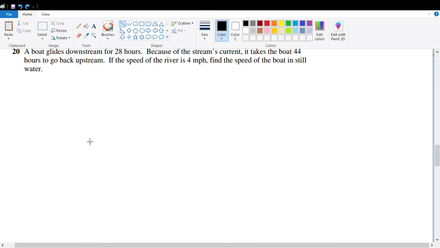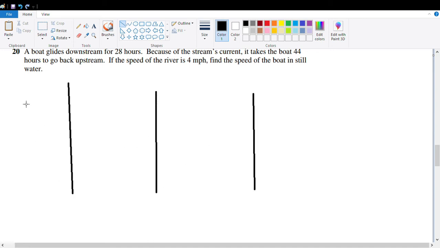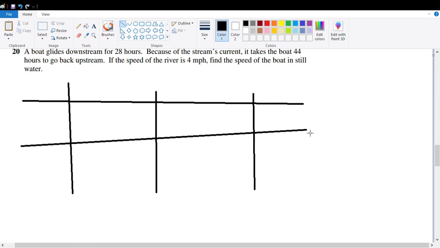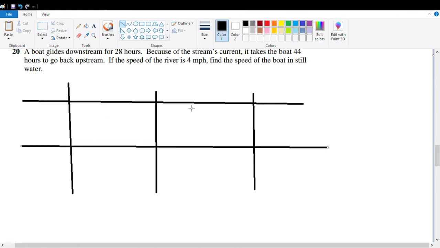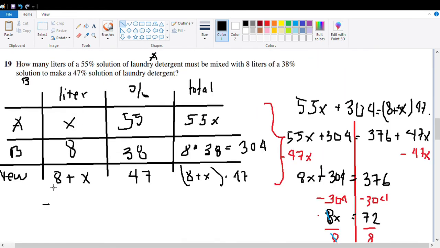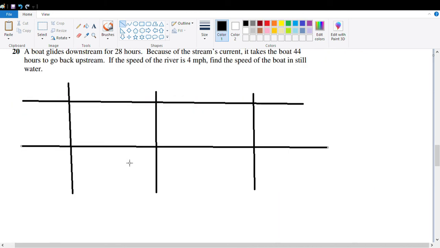In this case, we only need a few columns. Unlike the previous one, where we had a lot of boxes to fill in, this one's a bit different, okay? So this problem is a distance rate time problem.